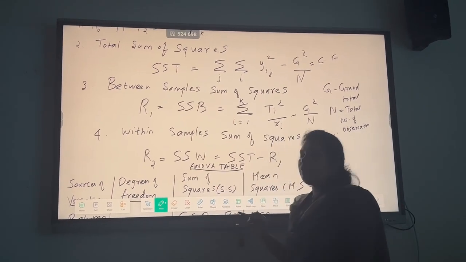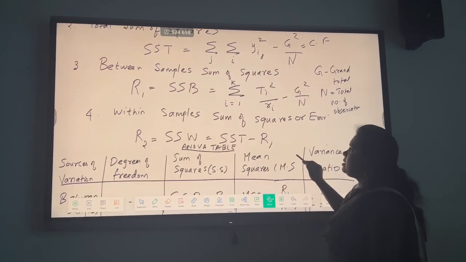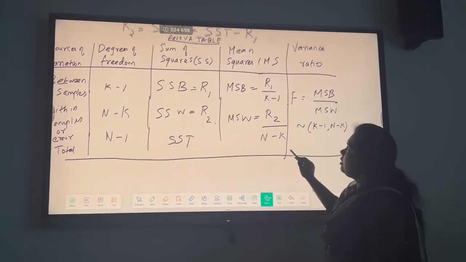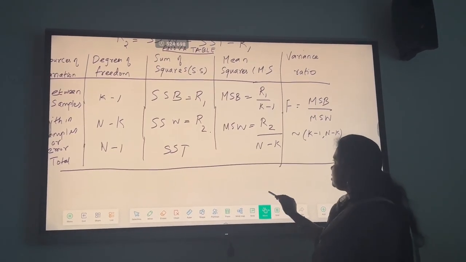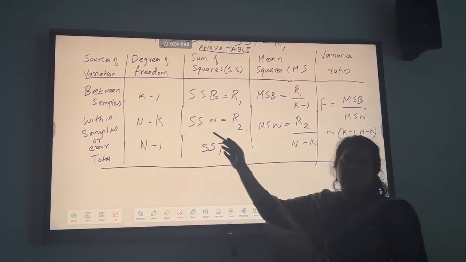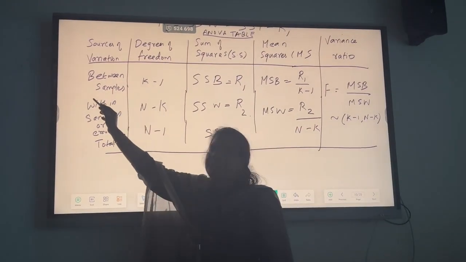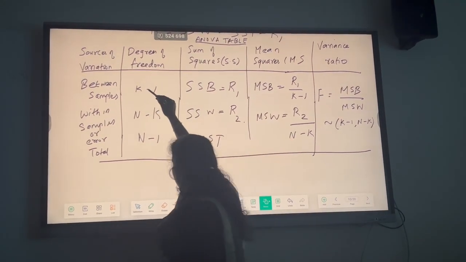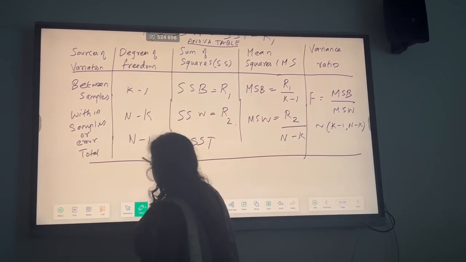So what is the ANOVA table? Now we are going to do it one by one. First is the source of variation. Between samples, we will have k minus 1 degrees of freedom, where k is the number of terms given in the question.